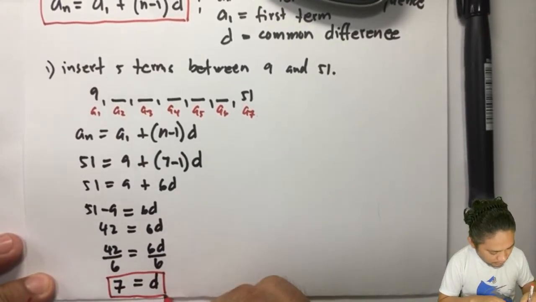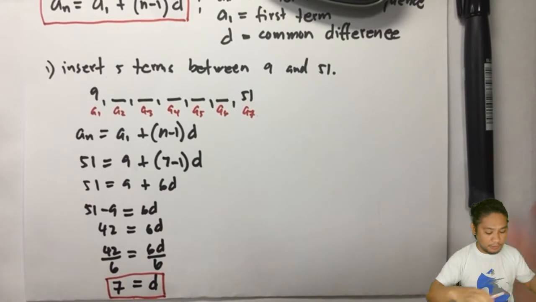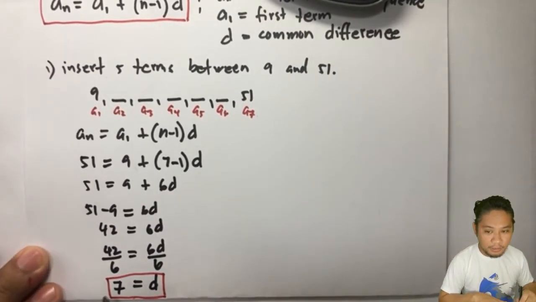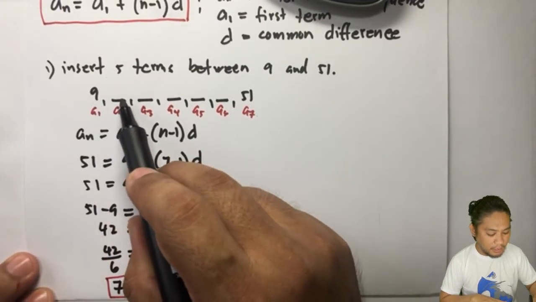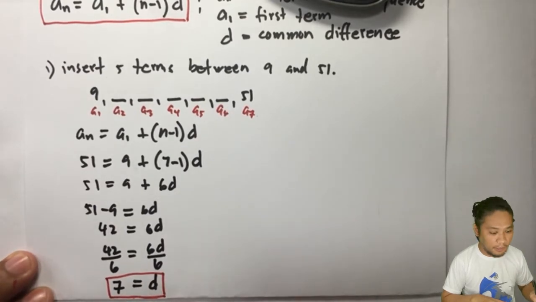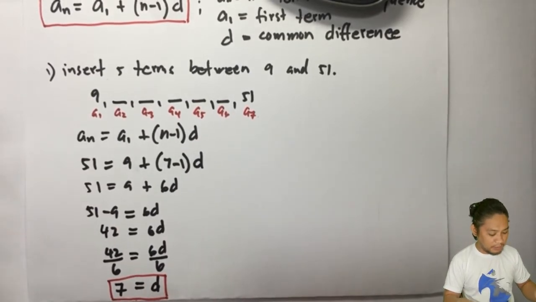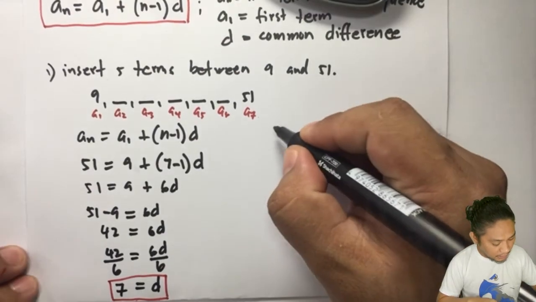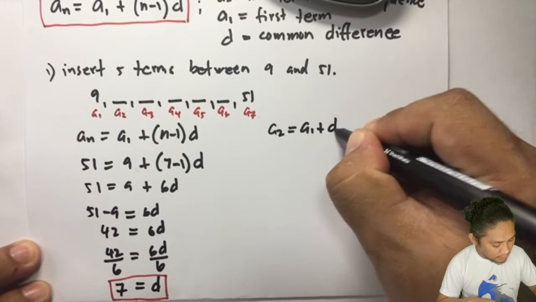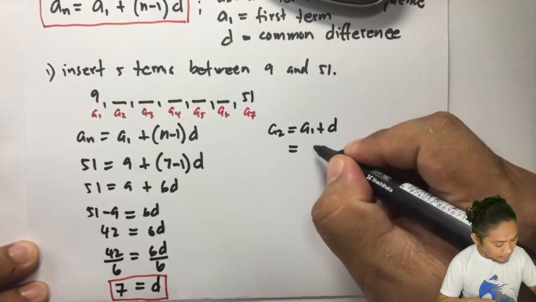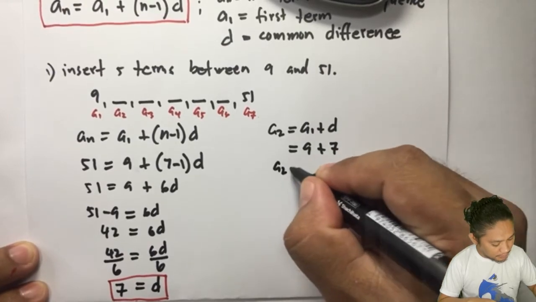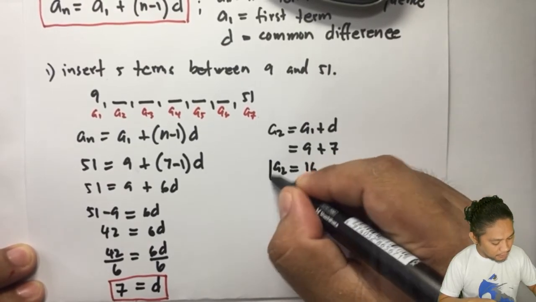Since we now have the common difference 7, we can simply add 7 to the first term 9 and add the same number to the succeeding numbers, and you will obtain the 5 arithmetic means. So our second term is a sub 1 plus the difference, 9 plus 7, so a sub 2 is equal to 16.